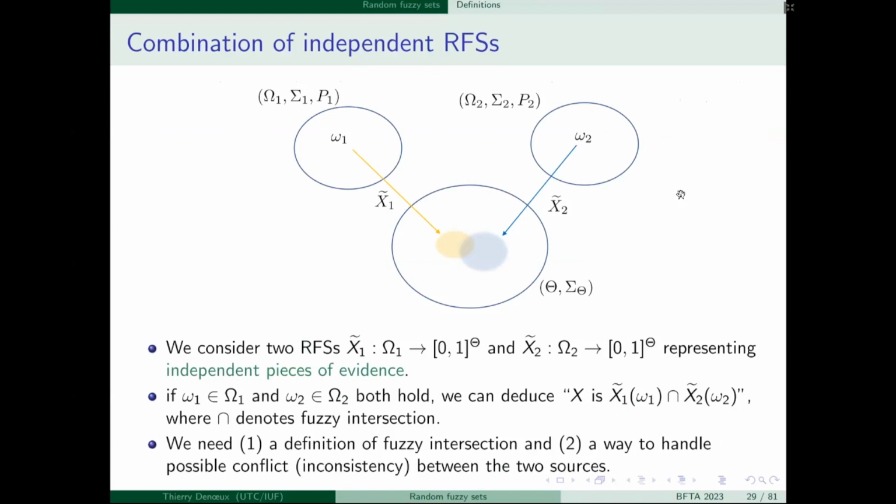So we will once again take the intersection. But we need a definition of fuzzy intersection. I already indicated that we are going to take the product, because it is associative. For me it's the main thing, but also because it goes well with this idea of independence. And we need to handle the conflict or the inconsistency between the two sources, as we did with Dempster's rule.